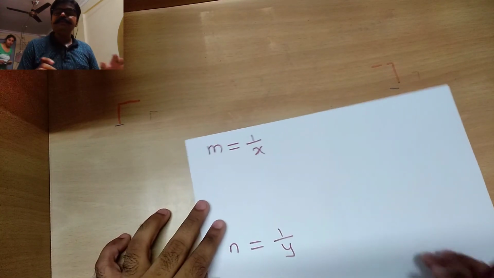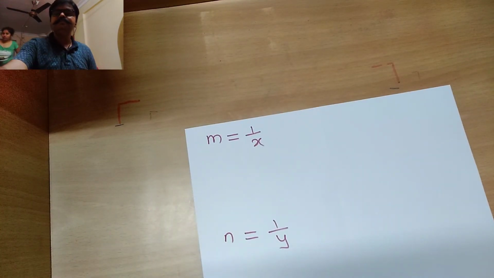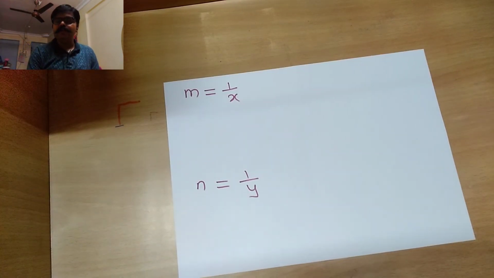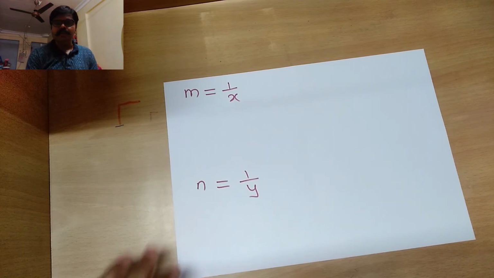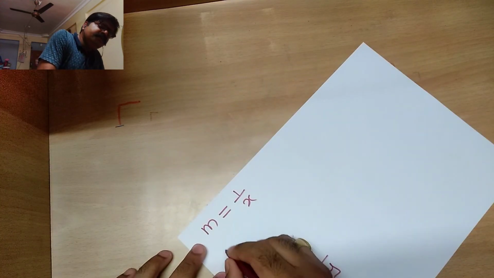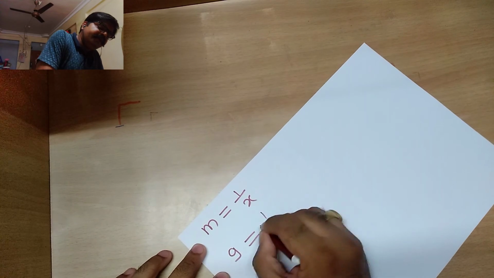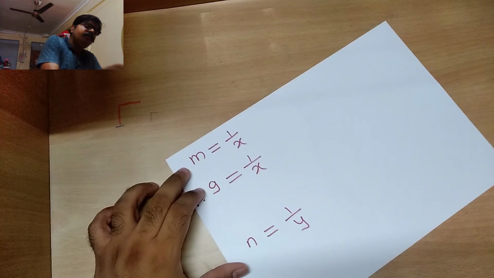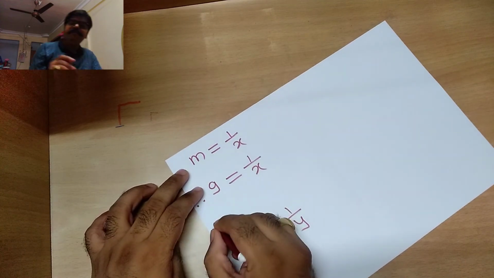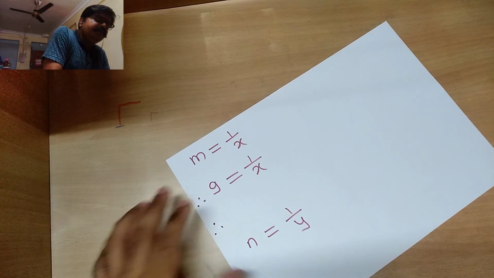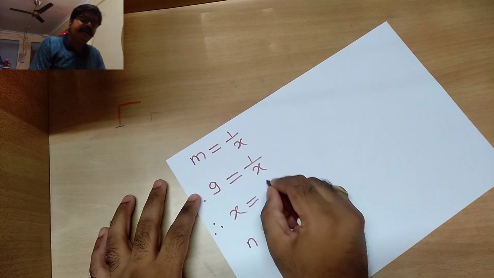So m was equal to 1 upon x and n was equal to 1 upon y. Now what is the value for m we have calculated so far? m was equal to 9. Therefore m's value we have substituted in here. Kindly note, we are looking for x's value, and therefore after taking invertendo of both the sides, we are going to have x's value to be 1 upon 9.